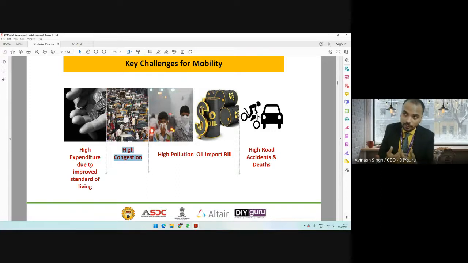So government always tries to inculcate those strategies which can first increase the technology transfer, second is employment generation, and third is keeping the whole movement of money in the country itself, right?